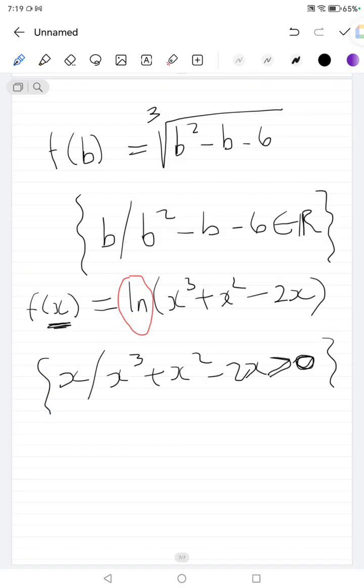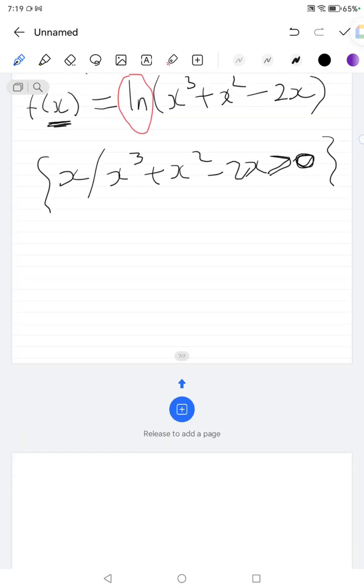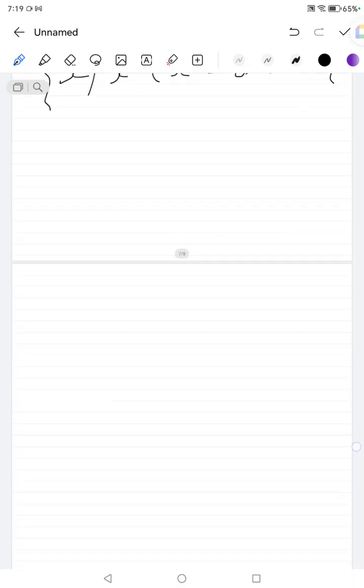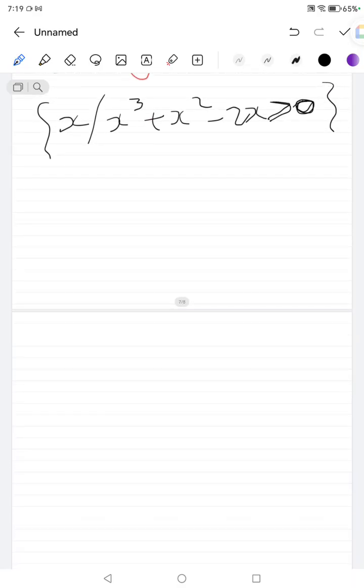As they've said, they are all in set notation. So now you go and check that, let me just write it here so that you can see: I have my x cubed plus your x squared minus your 2x. See?